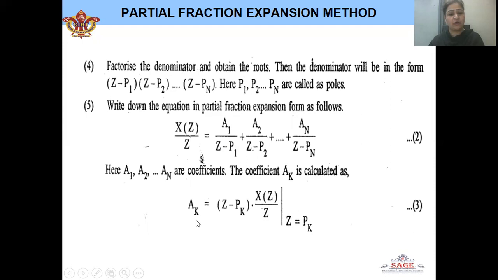Whatever the value of a1 is, we will substitute it here. Similarly, we will find the values of a2, a3 till an using this formula.